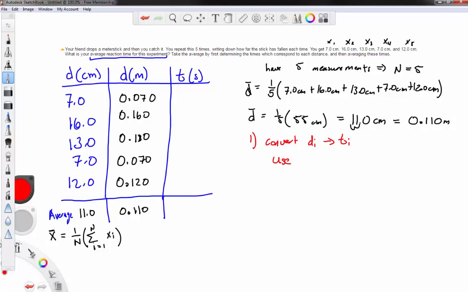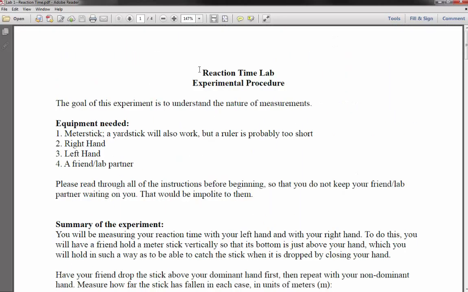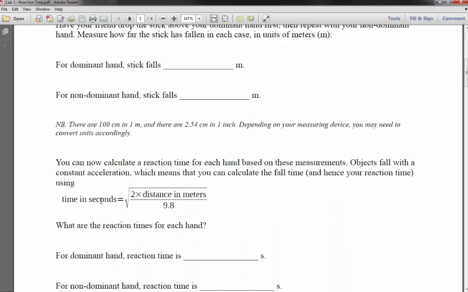I'll pull that up. So this is where the equation is written. If I scroll up a little bit, here's your reaction time lab handout. So time in seconds is square root 2 times distance in meters divided by 9.8.